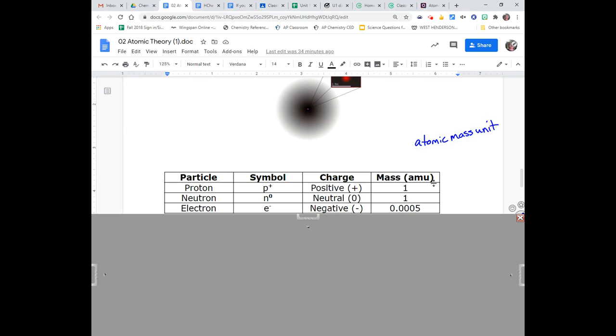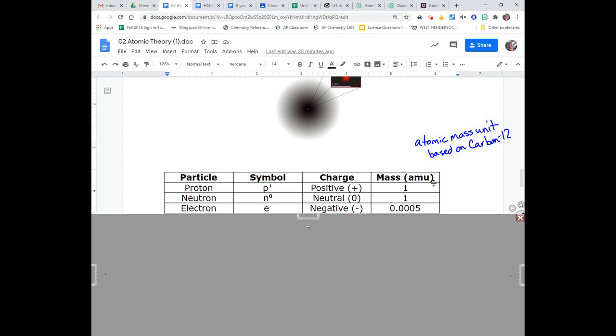We were measuring things in grams and things got kind of crazy and the numbers were so tiny that they stopped actually having meaning. So we came up with this atomic mass unit to measure atomic mass. The atomic mass unit is based on carbon-12. We are carbon-based life forms, and so we use carbon-12 as our basis or standard for a lot of things. So the mass of a proton is 1 AMU.